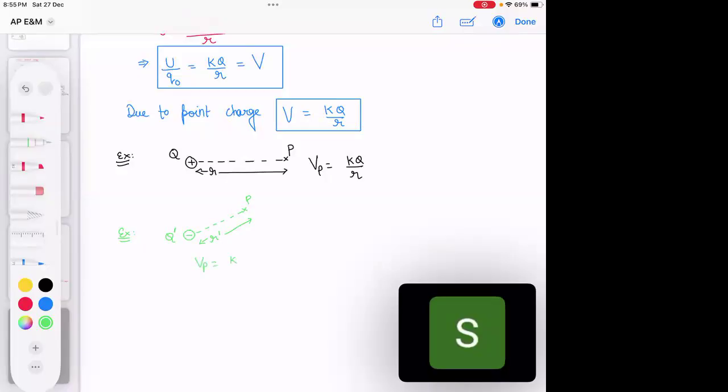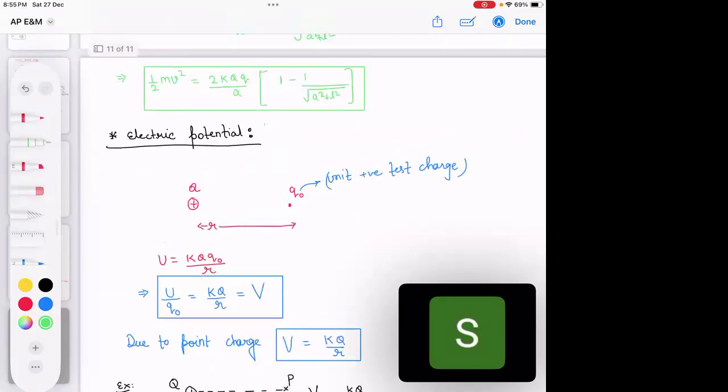It's a negative charged particle, so minus K Q dash by R dash. So the potential can be positive or negative depending on what type of charged particle is creating the potential. If it is created by a positive charged particle, positive potential will come. If it is created by a negative charged particle, negative potential will come. Understood?